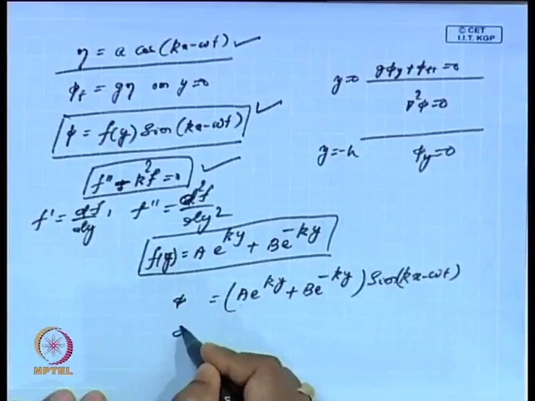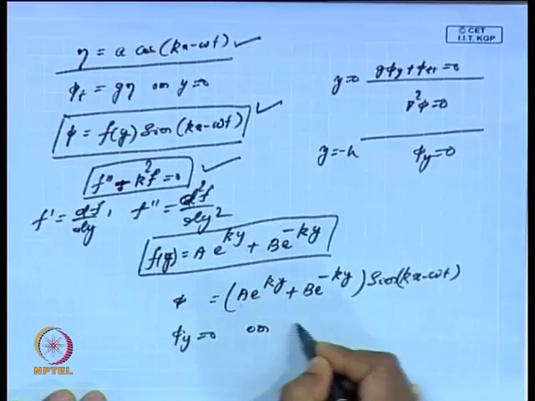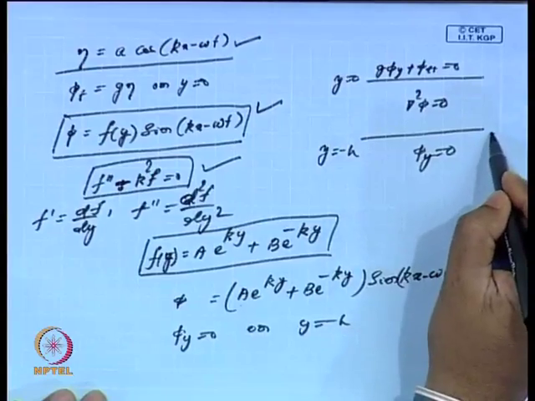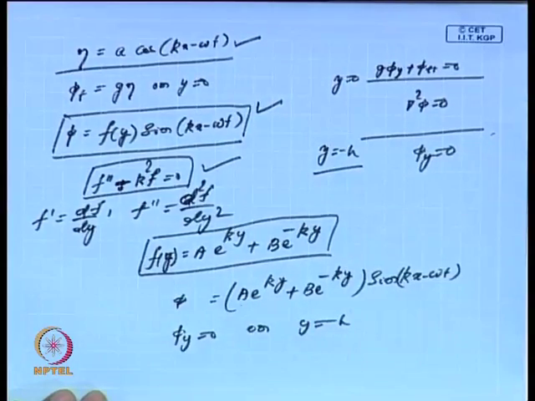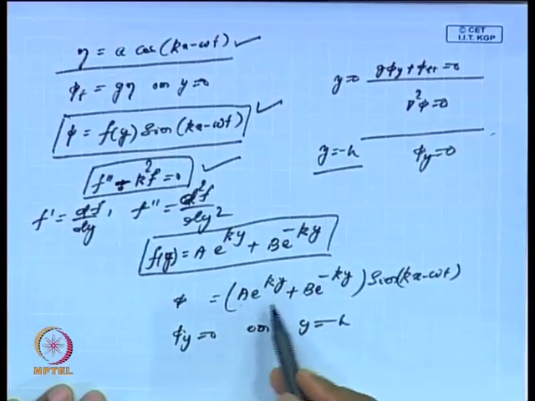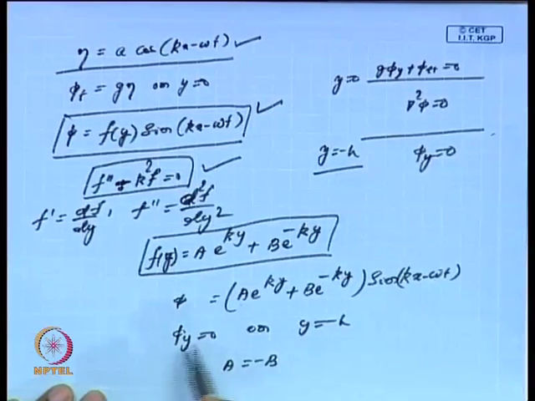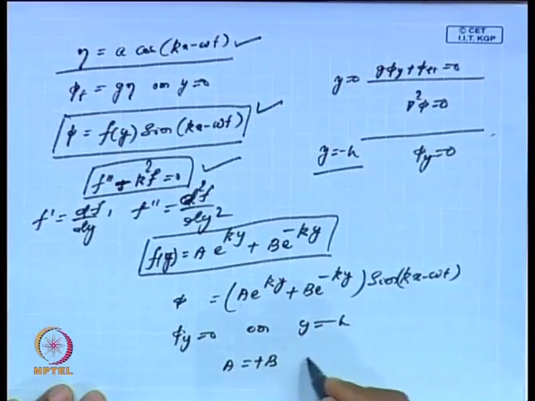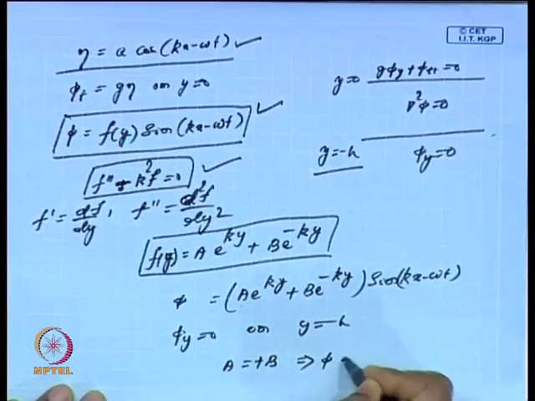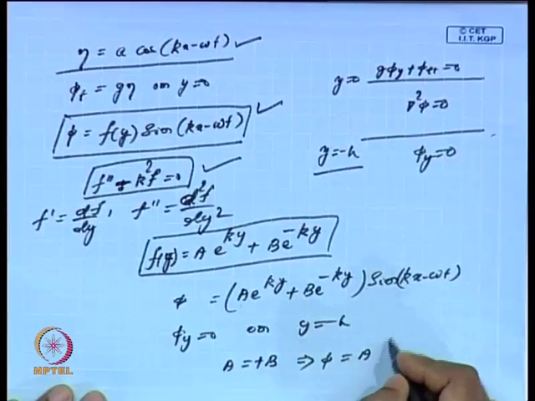So, now I put phi_y is 0 on y equal to minus h. That will give me a is equal to minus b. Sorry, phi_y is 0, that will give me a is equal to b.